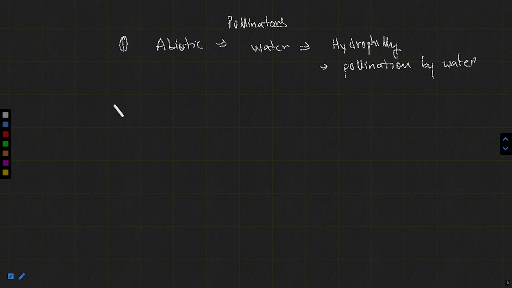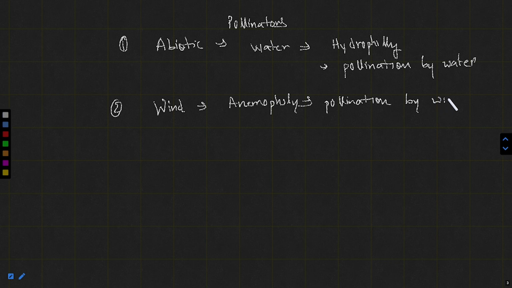This is the first, and second is the wind. Pollination by wind is known as anemophily. Here, wind is acting as a pollinator. So these are some of the abiotic factors.